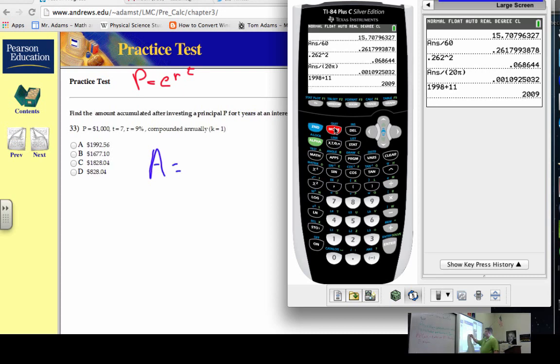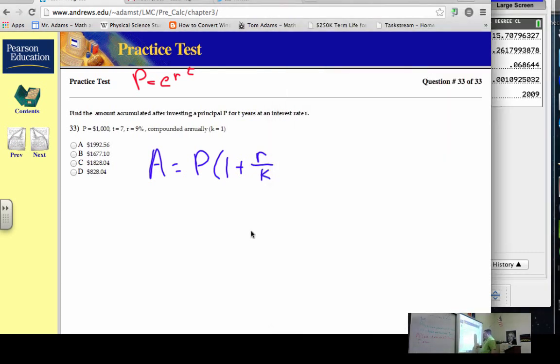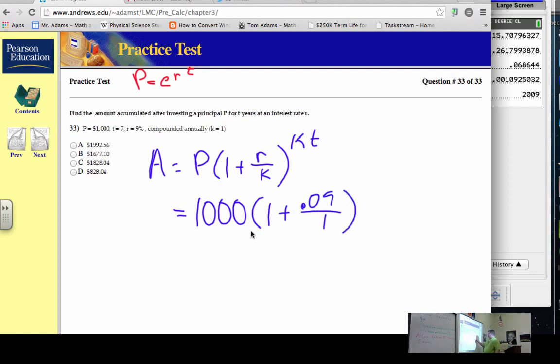The amount A is equal to P times 1 plus R over K, raised to KT. And so what I'm going to have is 1,000 times 1 plus 0.09 all over 1, raised to 1 times T, or 1,000 times 1.09 raised to the T.